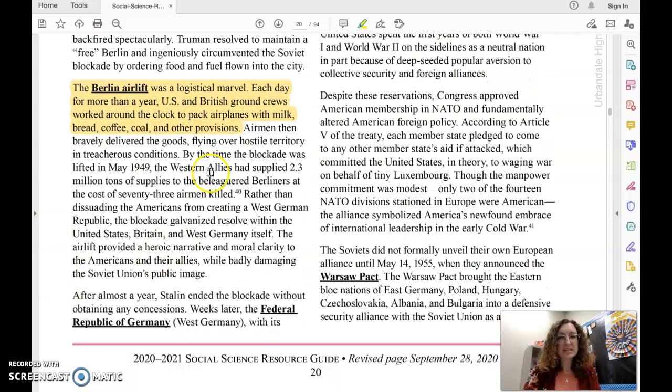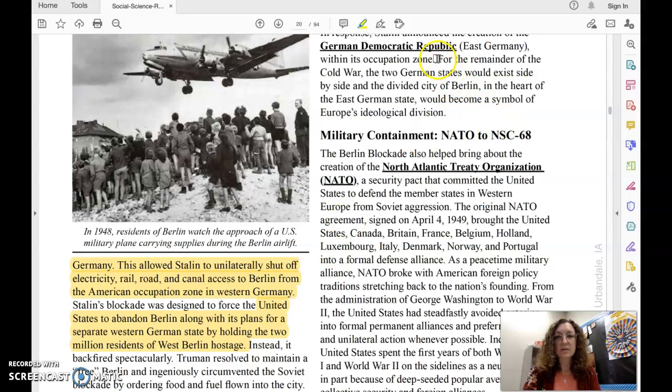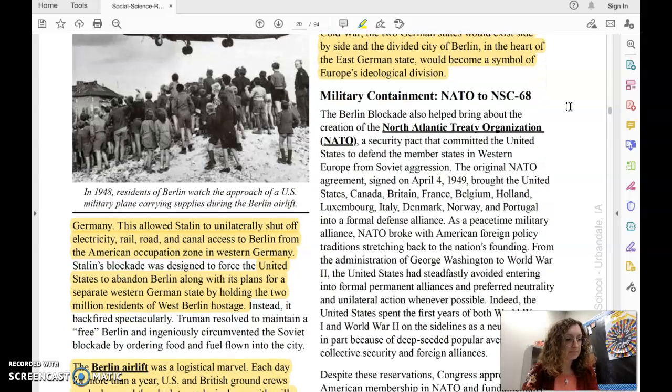And so instead of persuading the Americans to give up Western Germany, it actually made the people of West Germany feel even more loyal, and it made the United States even more committed to its goal. So this is important right here. For the remainder of the Cold War, the two German states, Eastern and Western, would exist side by side, and the divided city of Berlin would become a symbol of that ideological divide.